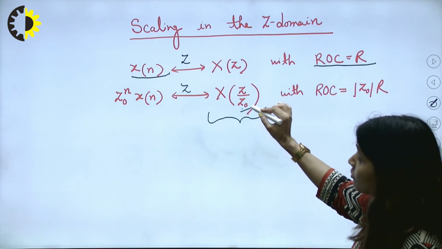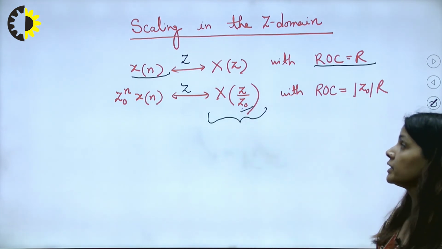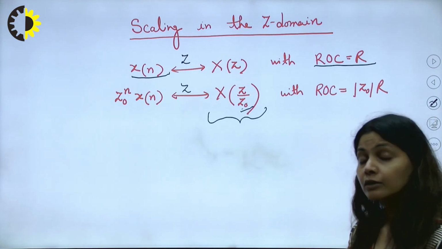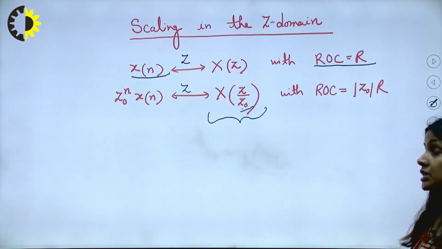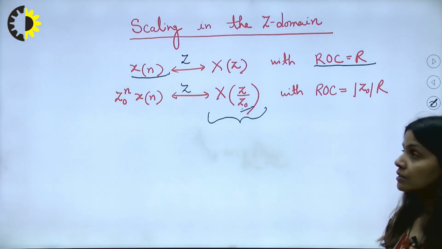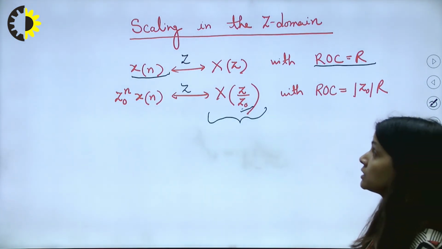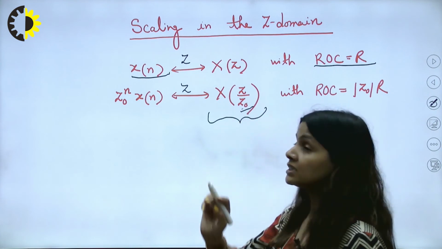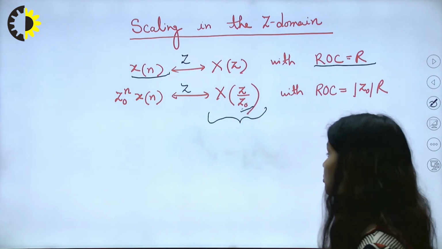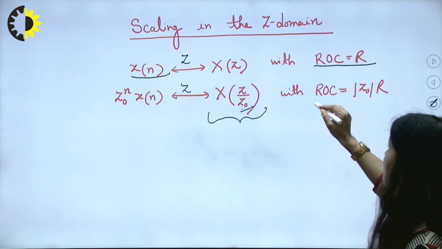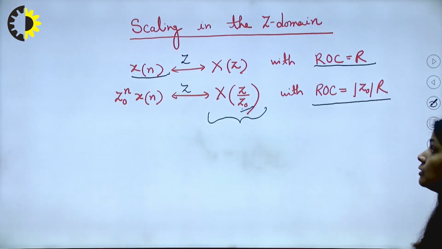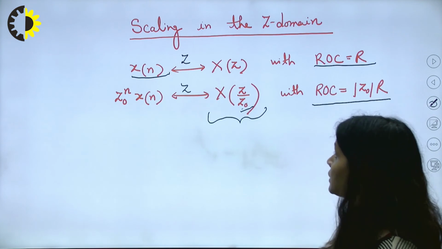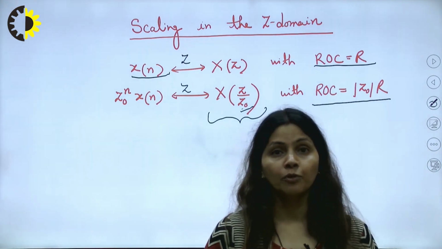You need to remember this: if I am scaling my sequence by z naught to the power n, then the whole z domain is getting scaled, and the ROC will be mod of z naught into R. Okay, so that's also one important property.